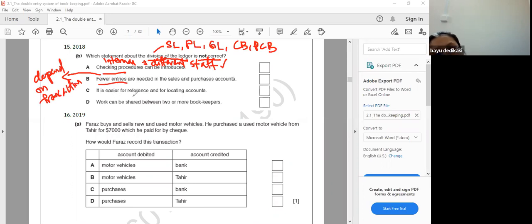It's easier for reference and for locating the account. Yes, because you have similar transactions in the same group. Work can be shared between two or more bookkeepers. Yes, work can be shared because each can be handled by individual staff. So your answer should be B.